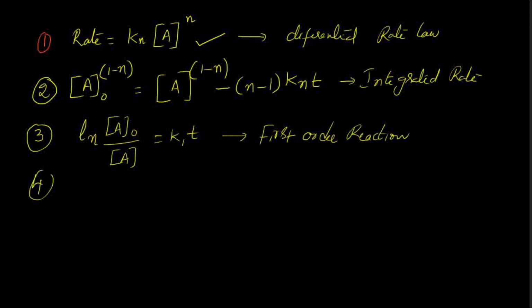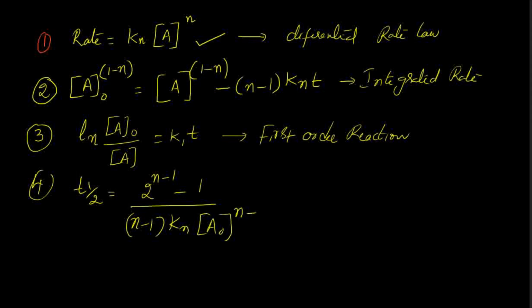The fourth one is the half-life period: t half equals (2 power n minus 1 minus 1) by (n minus 1) k n [A0] power n minus 1. So this is for the half-life period relation.